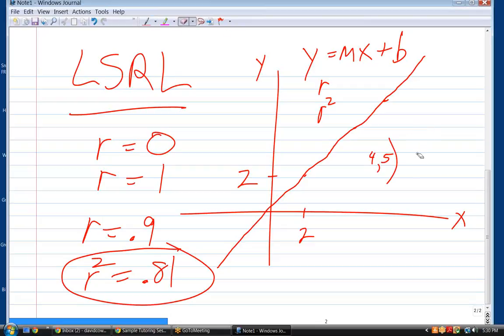And she also had us write down, r squared percent of the variability in the dependent variable can be explained by a linear relationship with the independent variable. So the independent variable is x, and y is the dependent variable.